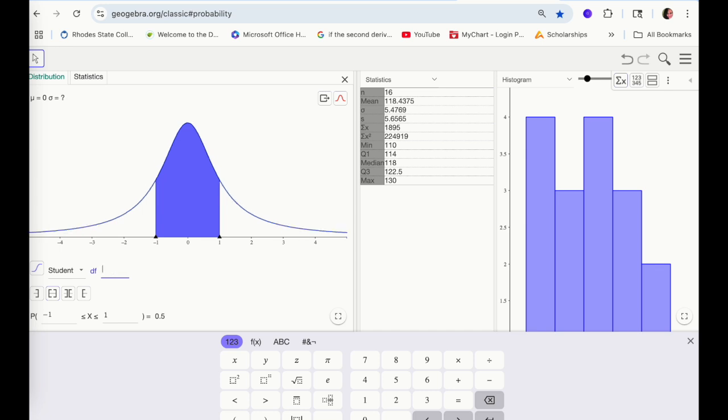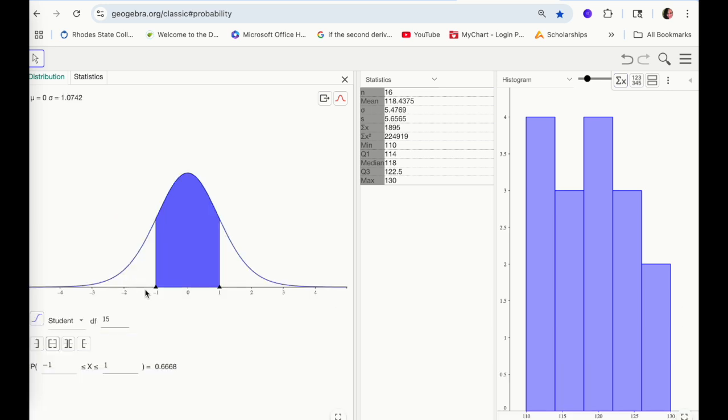The sample size is 16, so the degrees of freedom is 15. So I'm going to put 15 in there.